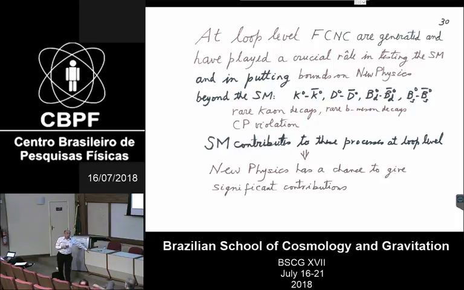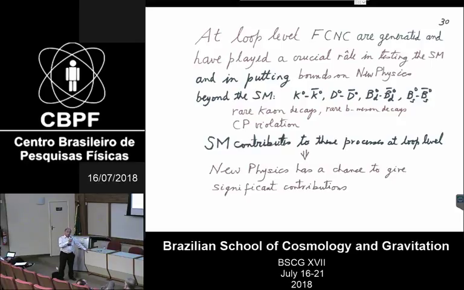You can have contributions to processes like K0, K0 bar, D0, D0 bar, at, say, 10% level, and I'm being conservative, probably even 20% level, at amplitude level, and still be in agreement with experiment. There is space. I know some people here work in LHCb; you should not think it is hopeless to discover new physics with a rare process and so on.